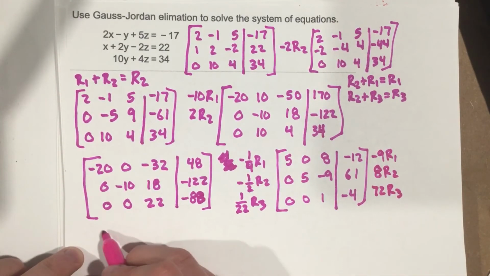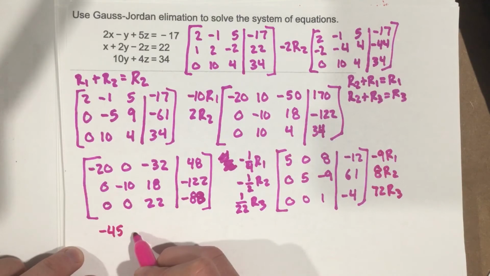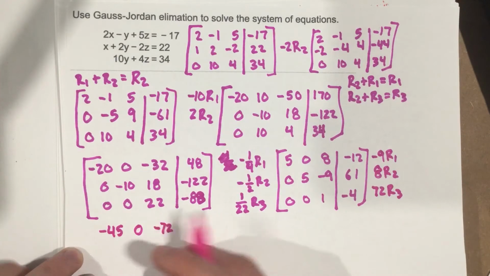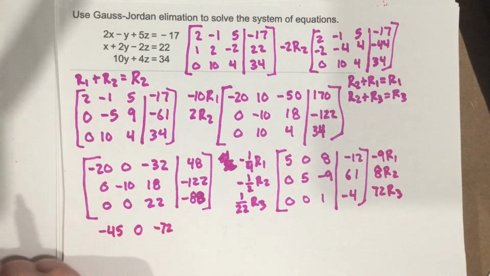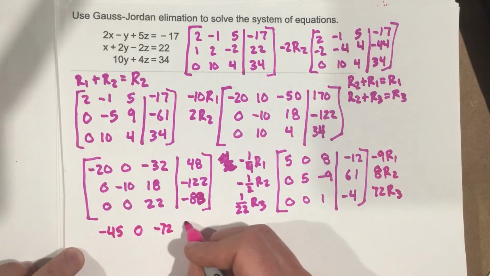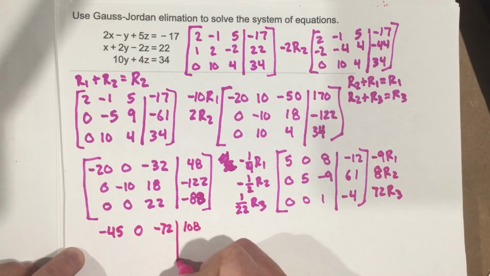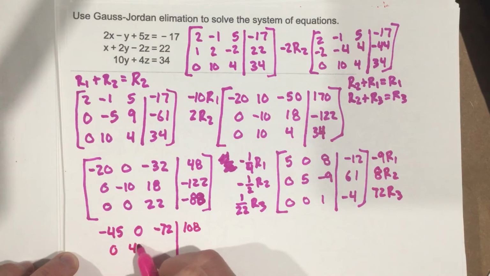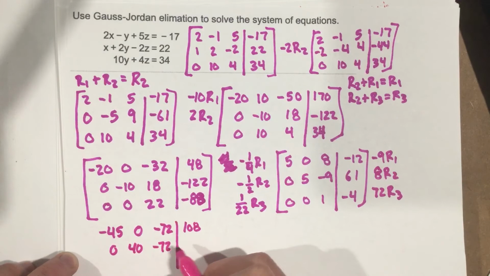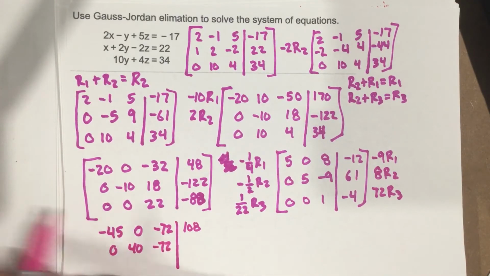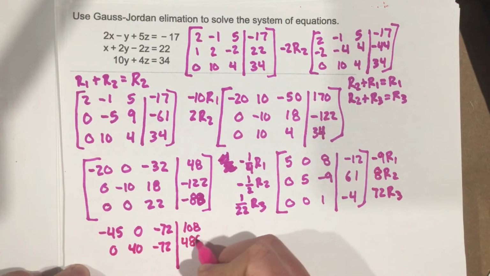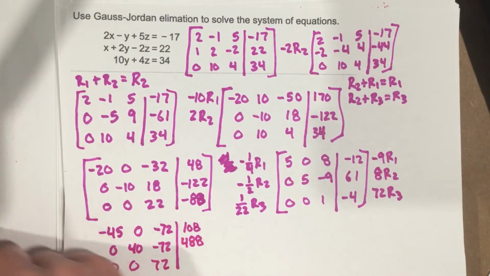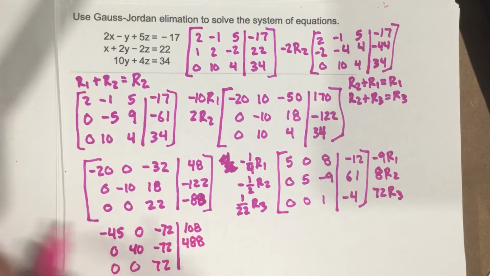We end up with negative 45, 0, negative 72, and negative 9 times negative 12, 108. Then 8 times the middle, so 0, 40, negative 72, 8 times 61, 488. And the bottom we'll get 0, 0, 72, 72 times negative 4, negative 288.